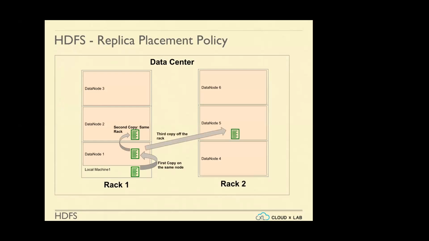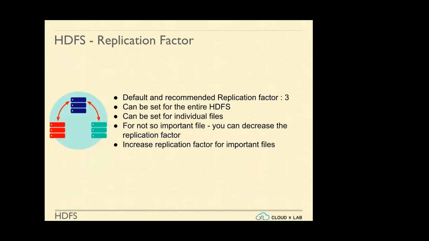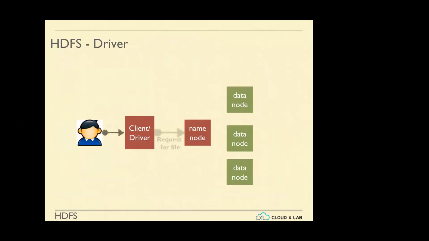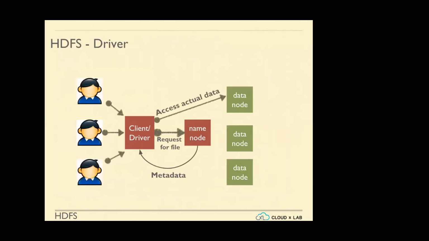It basically keeps one copy on the same machine, the second copy on the same rack, and the third copy across the rack. This was how it recovered from the loss. Then we talked about the driver, which is the one that splits the data, talks to the name node, and does the entire work.